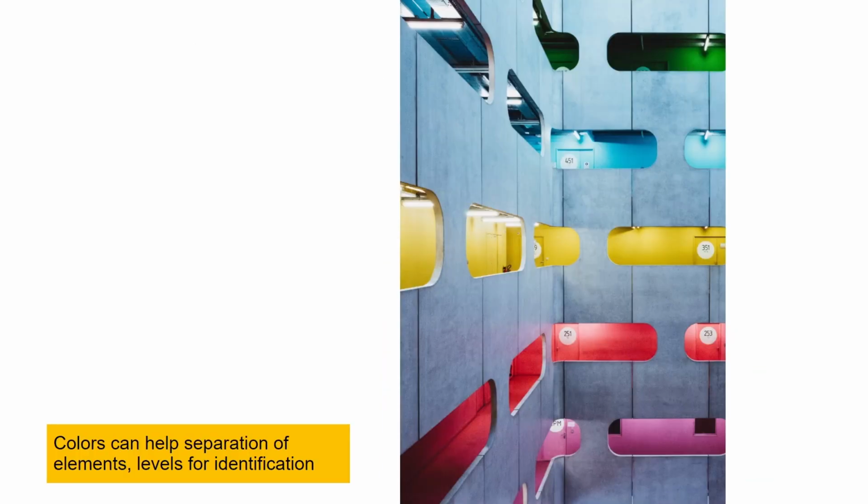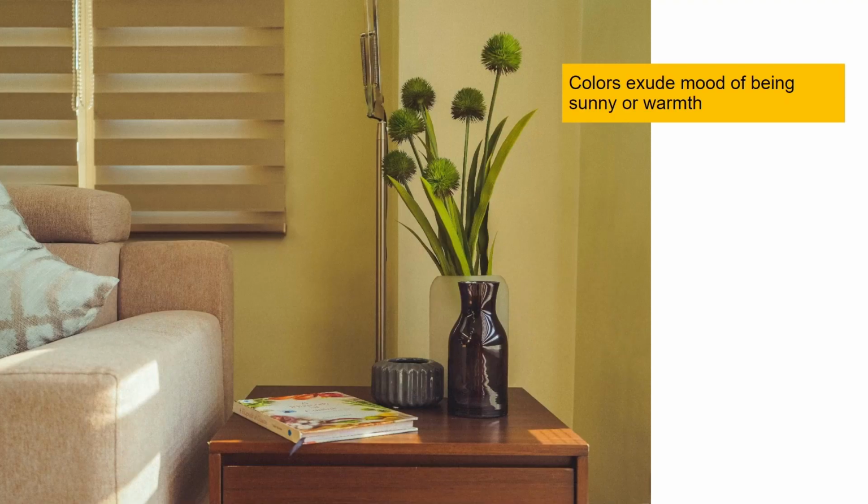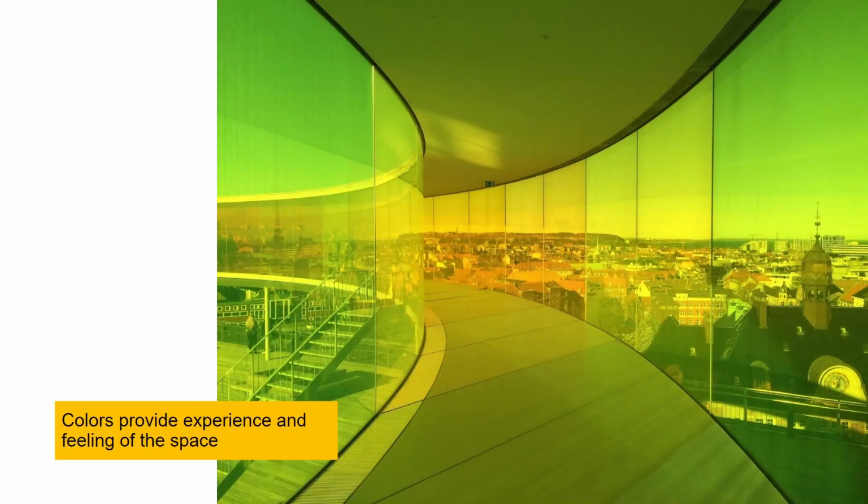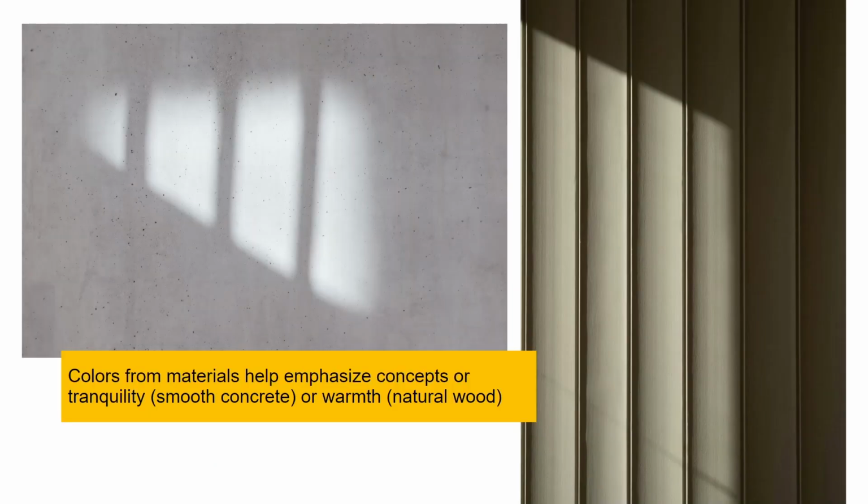Okay. So colors can help with the separation of elements, and help with identification. Color exudes a mood of being sunny or warm, and colors provide experience and a feeling of space. Colors from materials help emphasize concepts or tranquility, whether smooth or warm, like the warmth of wood and the smoothness of concrete or stone.